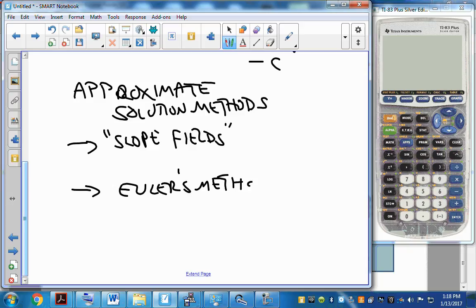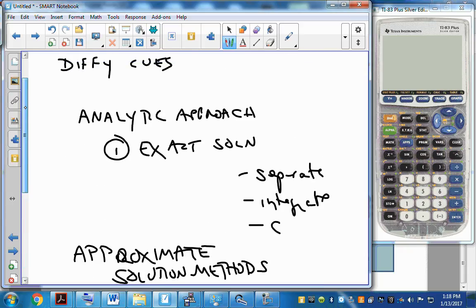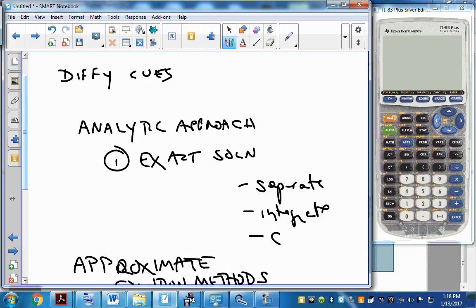Both of these are in your book. I think this is 7.4 and this is 7.5, or maybe 7.5 and 7.6, but they're in this chapter. We will learn how to do slope fields and how to do Euler's method. But for today, I really want to focus on this analytic approach, get the exact solution by separating and integrating.